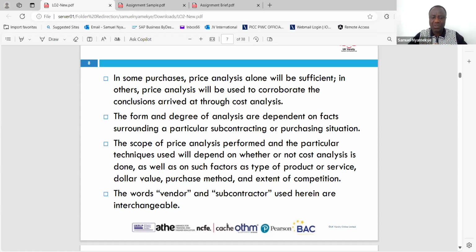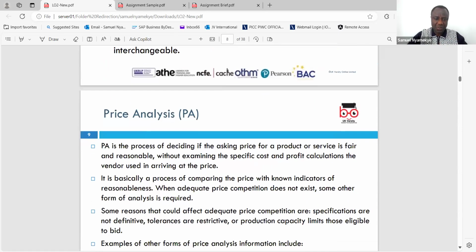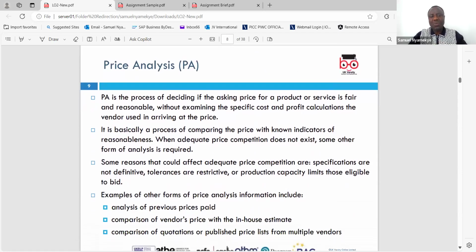But if you have to bring in a lot of competitors to ensure competitive bidding, then as subcontractors, they are interchangeable. So that's fine.